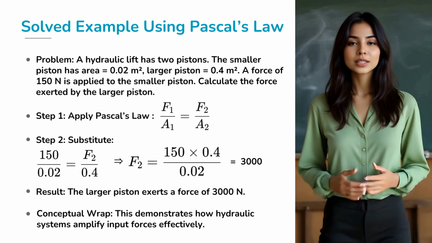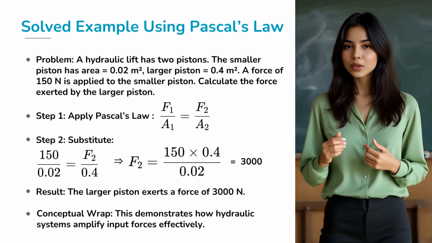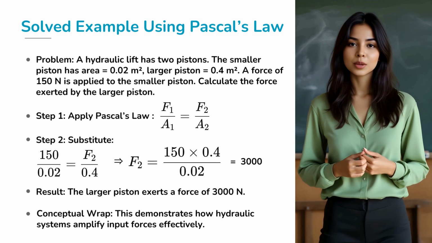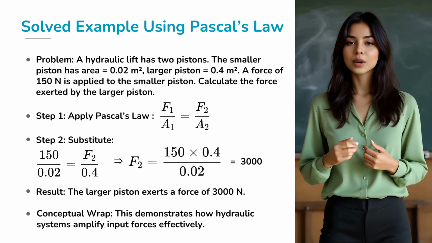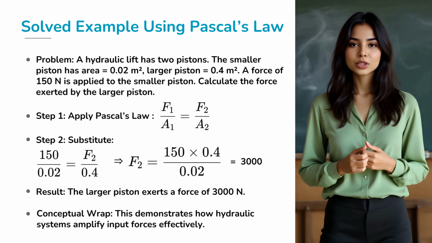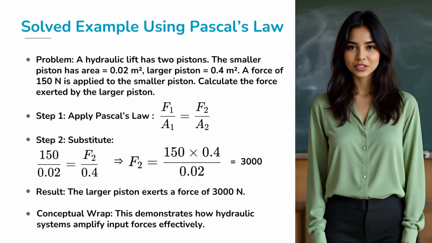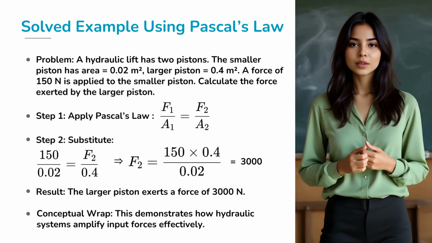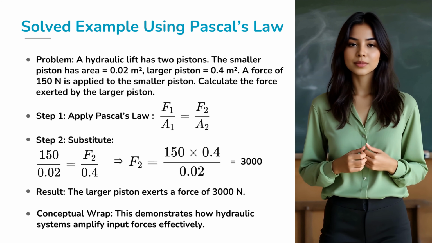Let's solve a practical question together. A hydraulic lift has a small piston of area 0.02 square meters and a larger piston of area 0.4 square meters. A force of 150 newtons is applied to the small piston. What's the force exerted by the larger piston? Start with Pascal's law, F1 over A1 equals F2 over A2.